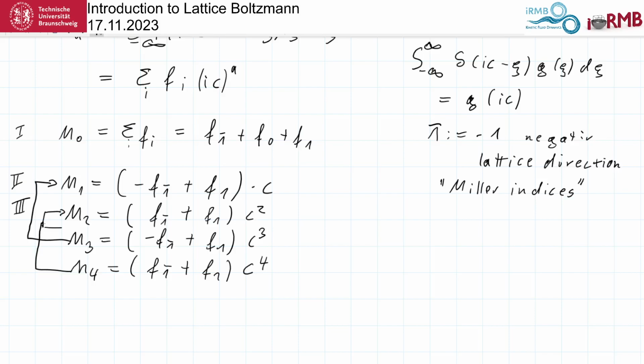So we have 3 moments which are actually independent, which makes sense because we have only 3 independent populations. So 3 discrete velocities means 3 independent moments. Of course, we have all the other moments too. They are just not independent.